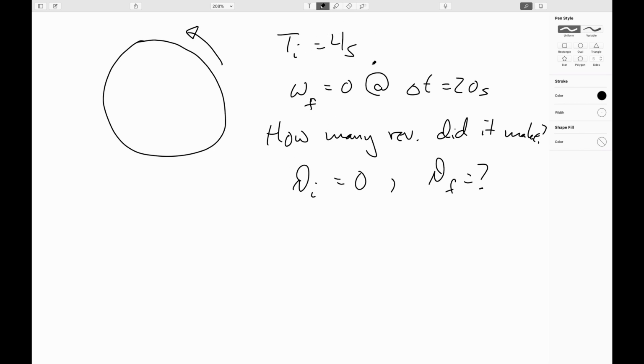This period here, we can get omega initial, the angular velocity, by saying that in 4 seconds it turned 2 pi radians. So 2 pi radians over 4 seconds says it was initially turning at pi over 2 rad per second. So now with that, we're good. We've got omega, we've got t, and we're asked for theta final. So alpha is neither asked for nor given.